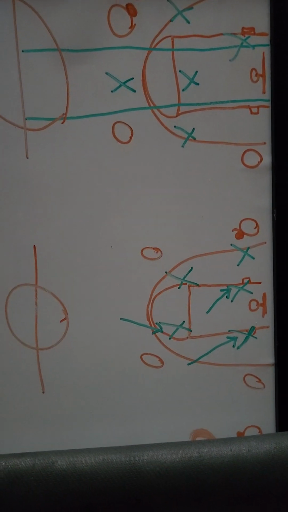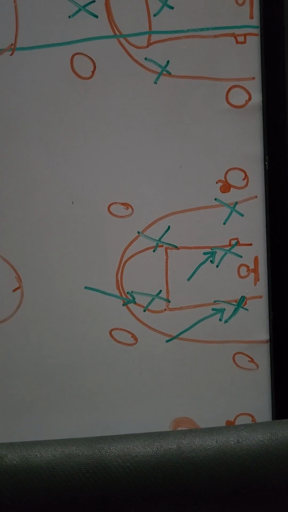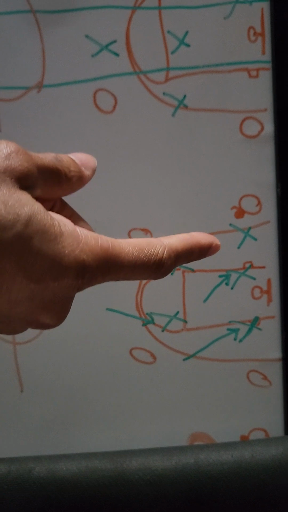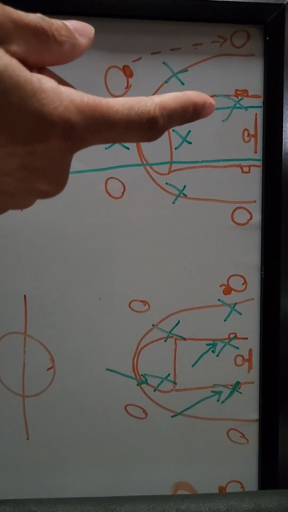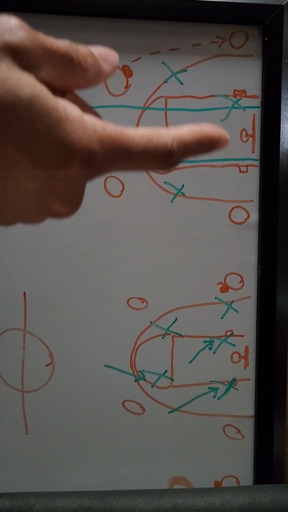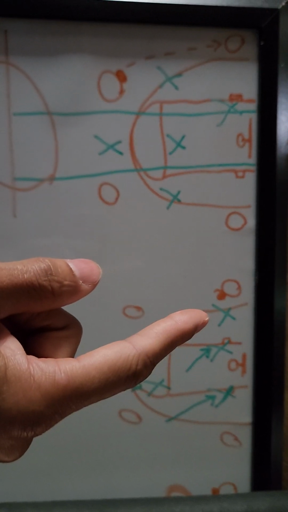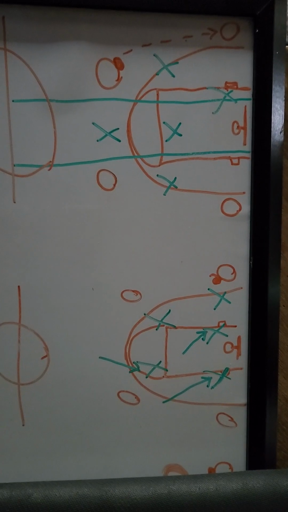Okay. So that's what I just explained to you, how the shifting will go. This guy is the baseline runner. He's running back and forth. When the ball swung to the corner, you have him shifting over, now guarding the ball.